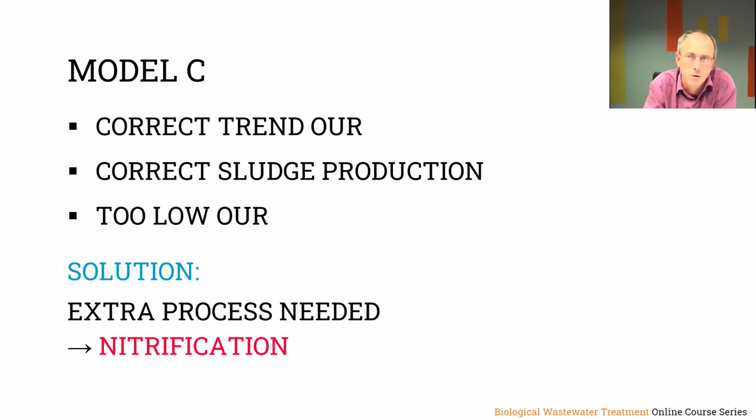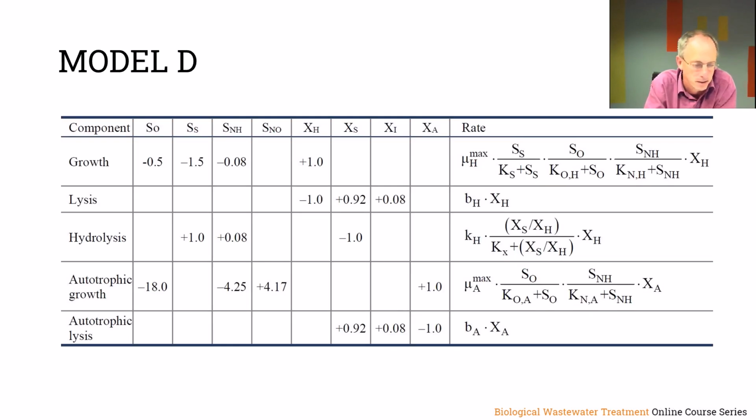And of course we know a slow process in a wastewater treatment plant which consumes oxygen: that is the nitrification process. Adding the nitrification process means we have to add an extra organism, namely the nitrifying bacteria, but we also have to add two extra compounds, ammonia and nitrate, because ammonia is converted into nitrate.